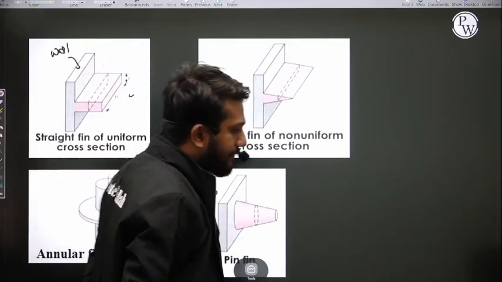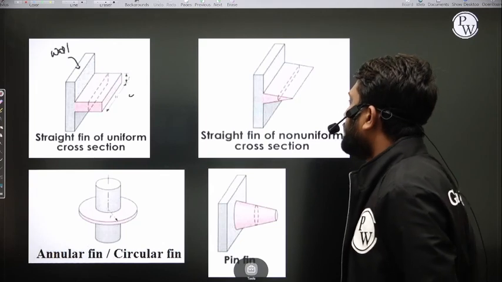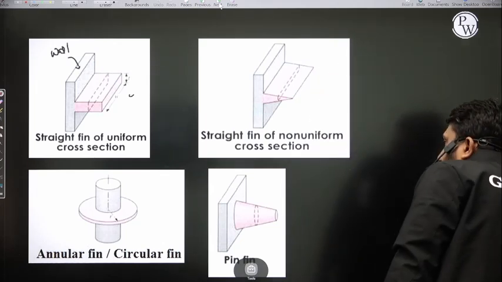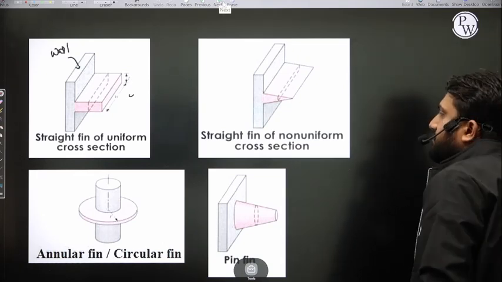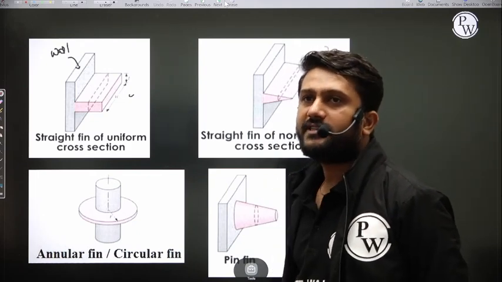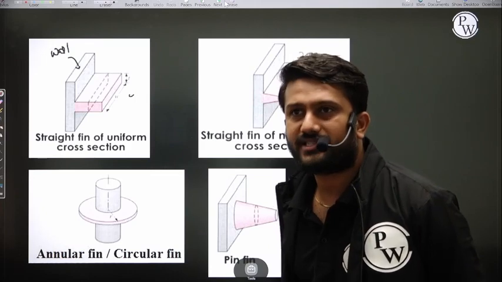Now see, there are some types of fins. The first one is a straight fin of uniform cross section.